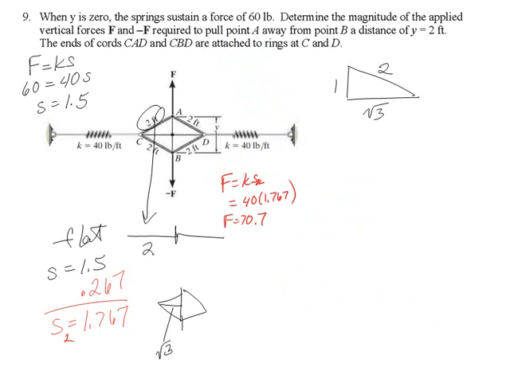Now if I look at this C here, for example, it's getting pulled in 2 different directions by these 2 different tensions. It's getting pulled this direction and this direction, and it's getting pulled this way at 70.7.